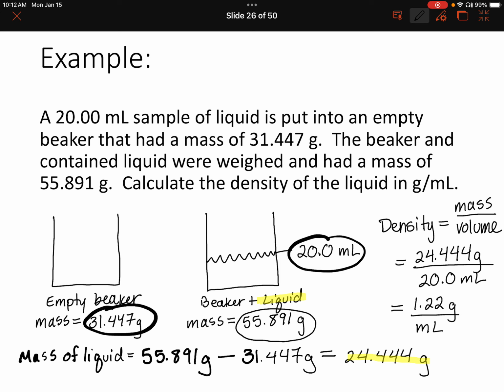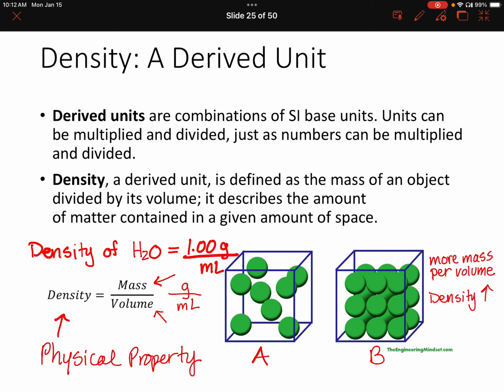So again, on the last slide, we saw that density is a derived unit. That means it has two or more units within it, right? And in this case, we have mass and volume, and mass is divided by volume. We also saw that density is a physical property of matter.